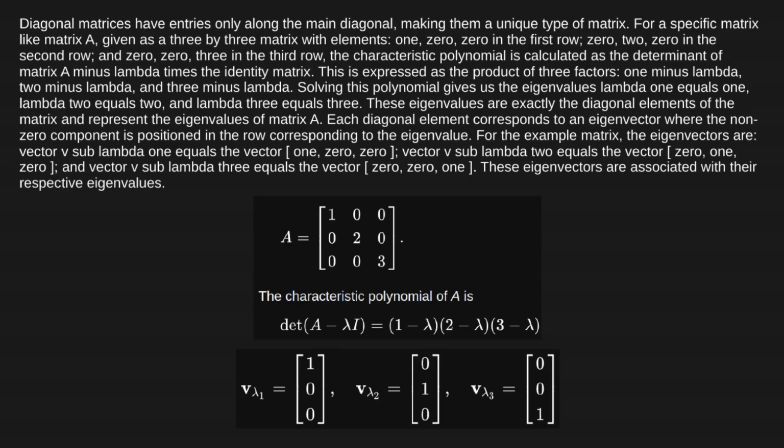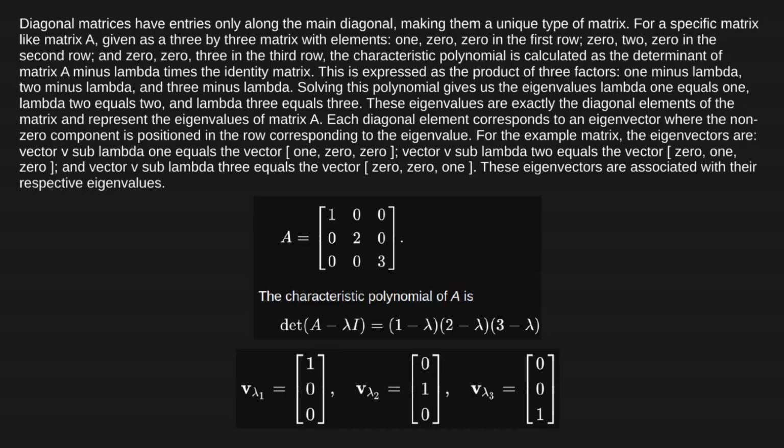This is expressed as the product of three factors, 1 minus lambda, 2 minus lambda, and 3 minus lambda. Solving this polynomial gives us the eigenvalues lambda 1 equals 1, lambda 2 equals 2, and lambda 3 equals 3. These eigenvalues are exactly the diagonal elements of the matrix and represent the eigenvalues of matrix A.